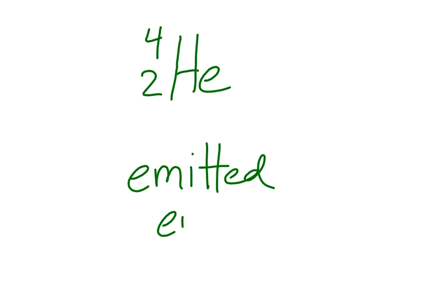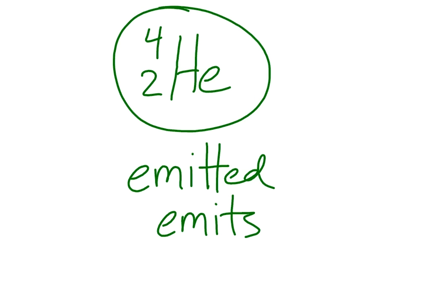When I say something is emitted, that means it's being released and let go. So if an alpha particle is being emitted, that means this particle is being released, and it is a product of some sort of nuclear reaction.